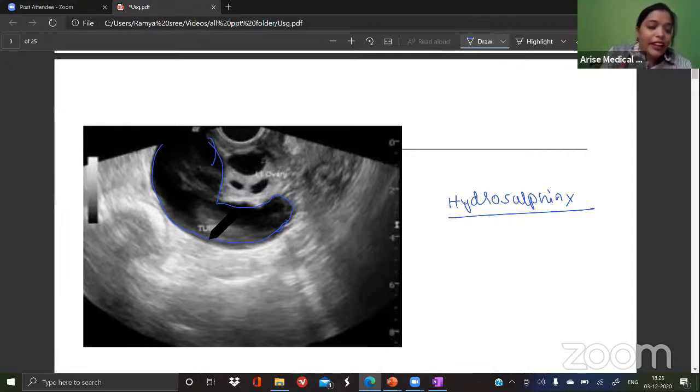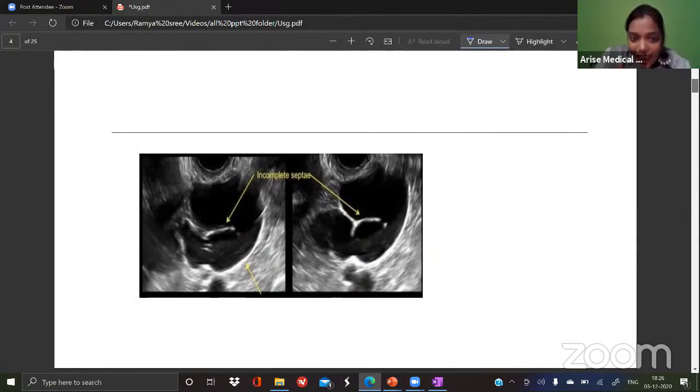So this is a hydrosalpinx. It is a distended fallopian tube. So it will look sausage shaped. And if you observe, there are septations. But the description of these septations is that they are incomplete.